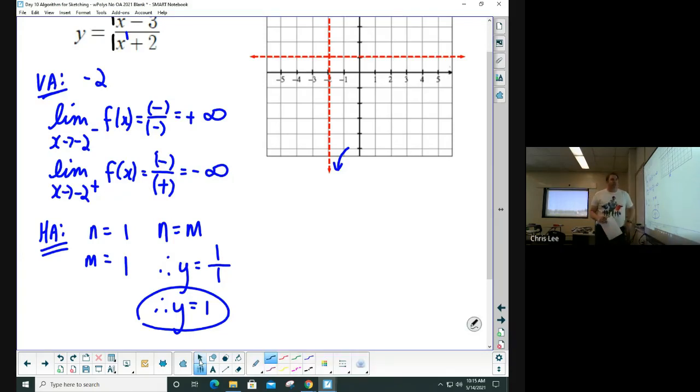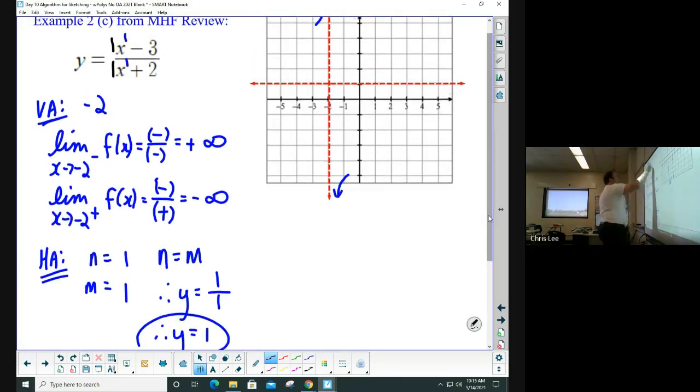So the directrix is found by taking the top number and dividing by the bottom number. So you see it's x minus 3 divided by x plus 2.